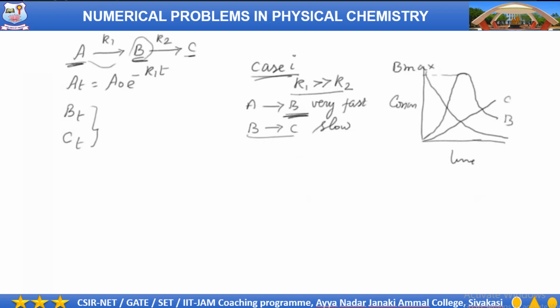Here, two derivations are important. What are the two derivations? The derivations we are not going to give. What is the maximum concentration of B?